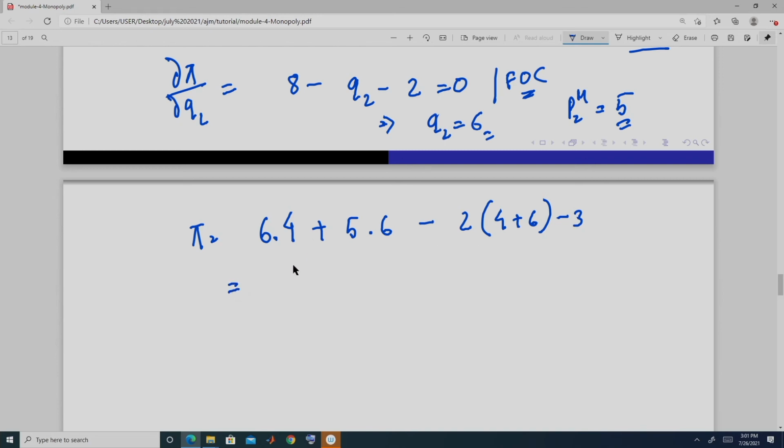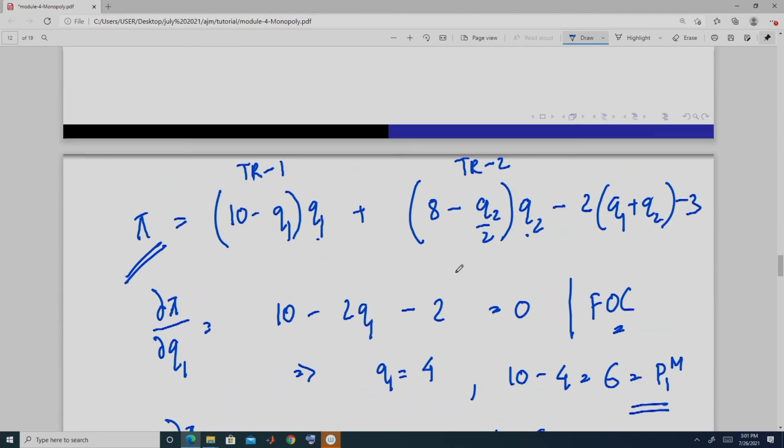So, this is 24 plus 30 minus 23. So, this is 31. This is the profit if it does third degree price discrimination.